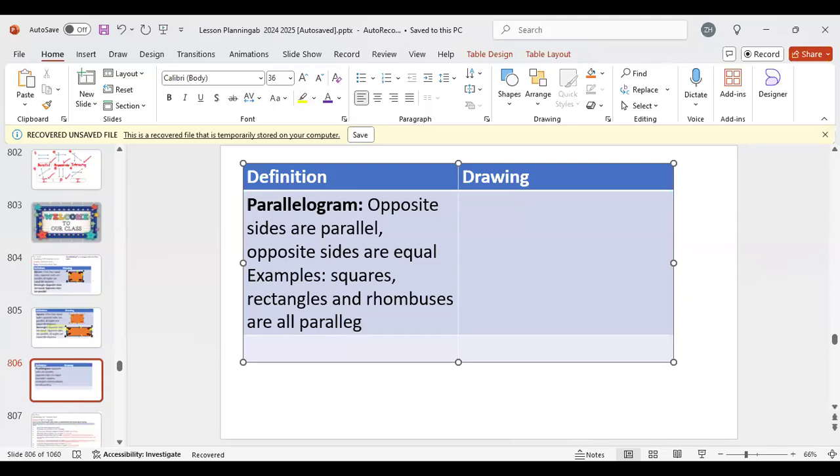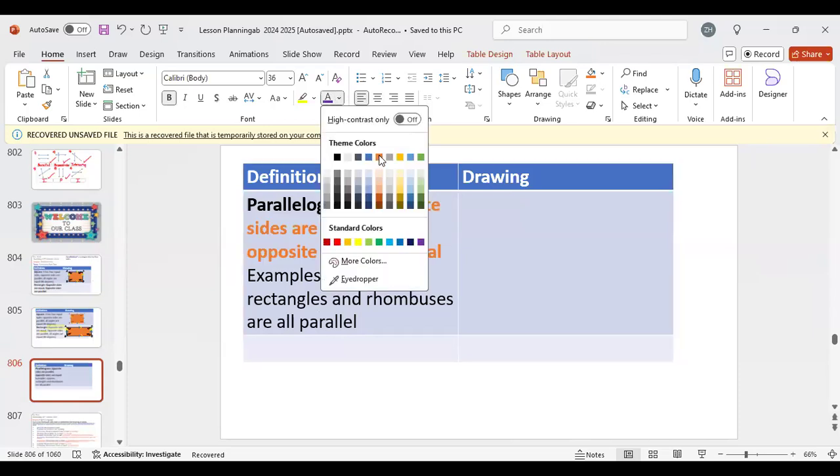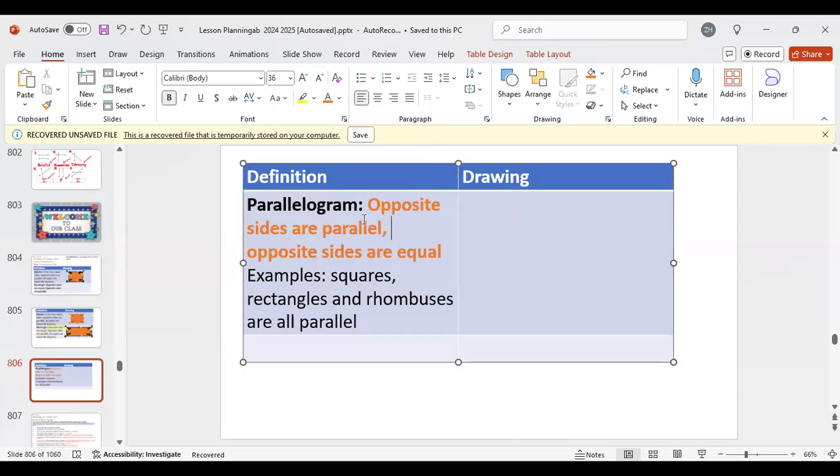And that makes sense because, remember what we said about the distinguishing features of a parallelogram? They have opposite sides that are equal, and their sides are parallel. So squares, rectangles, and rhombuses are all parallelograms.